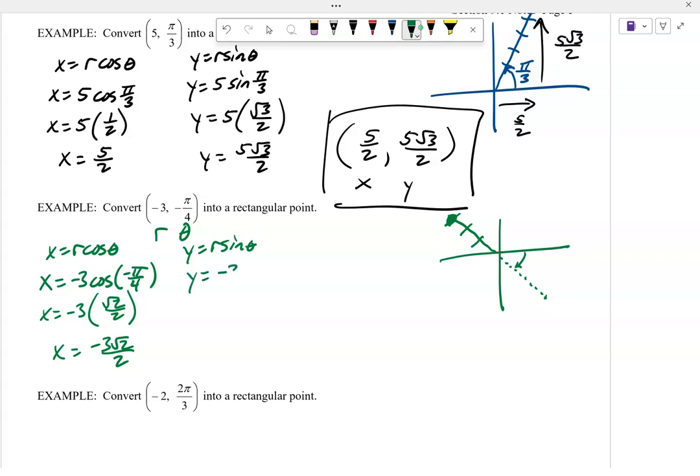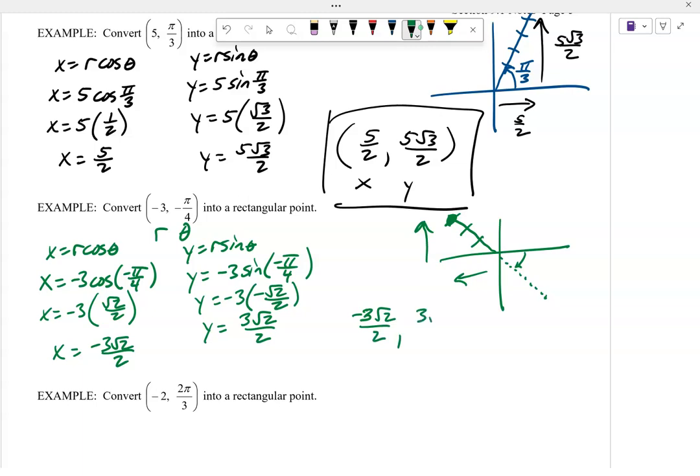And then let's do over here, sine of negative pi fourths is -√2 over 2. If I look at my unit circle, negative times a negative is a positive. And there's my xy. So I'm going -3√2 over 2, and then I'm going up 3√2 over 2. There's my x. There's my y. And rectangular coordinates.